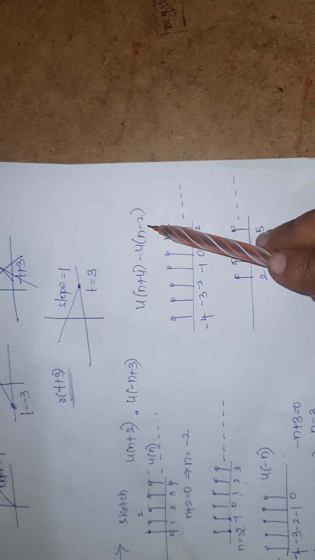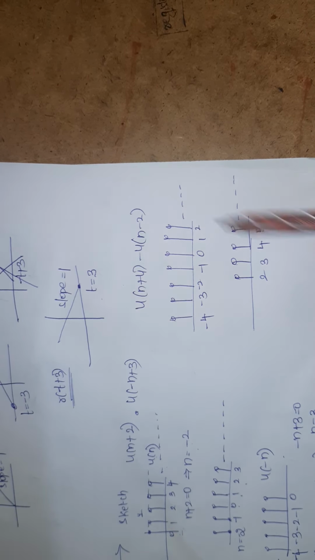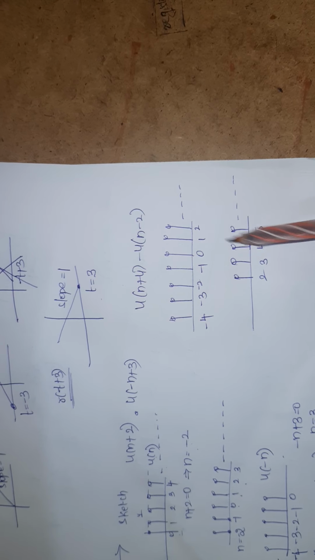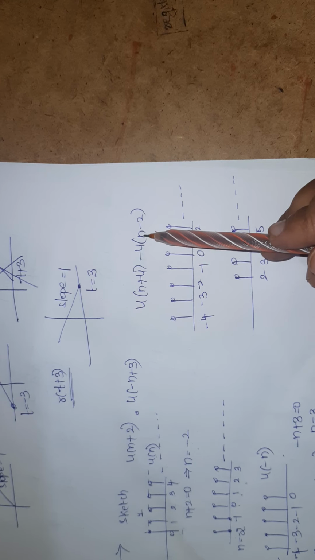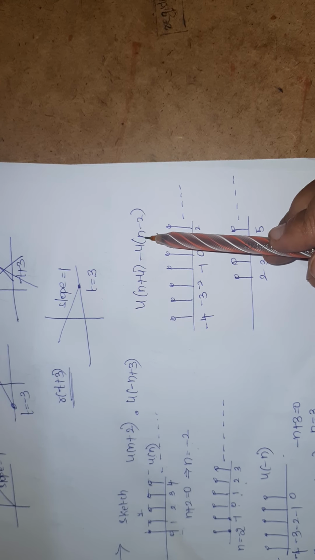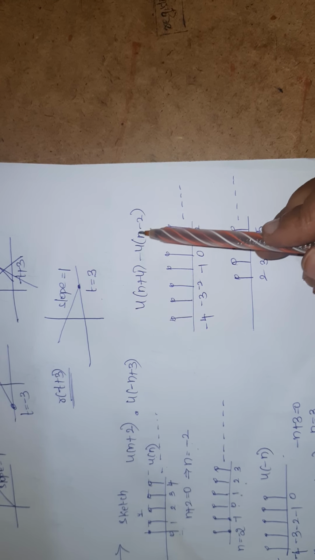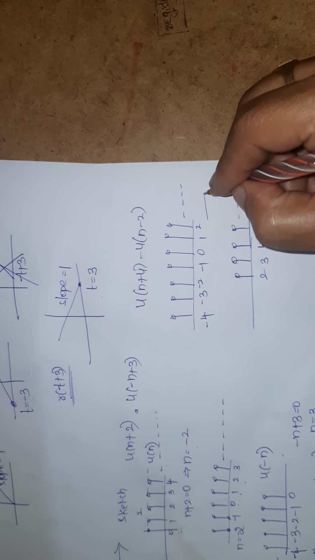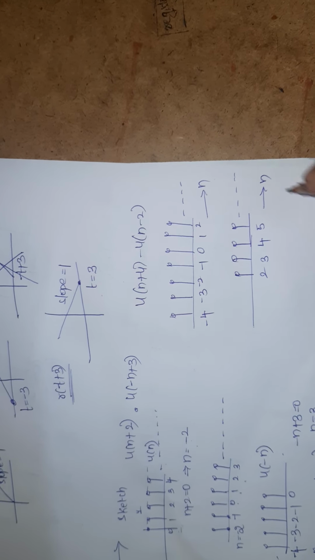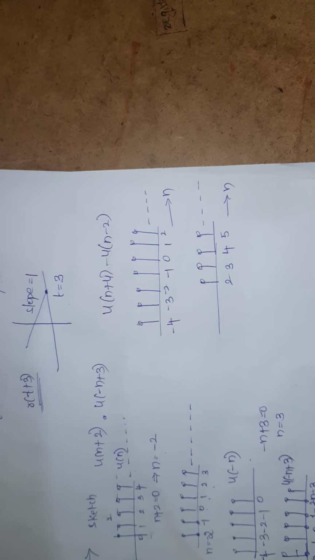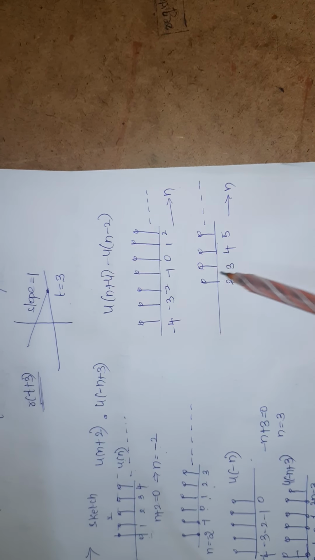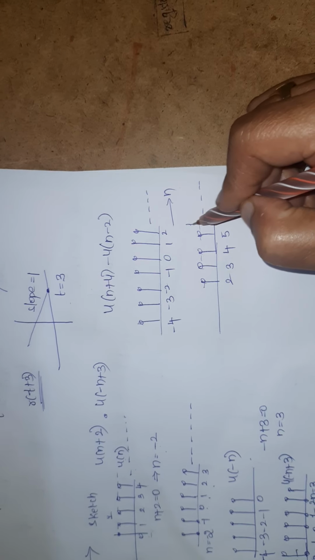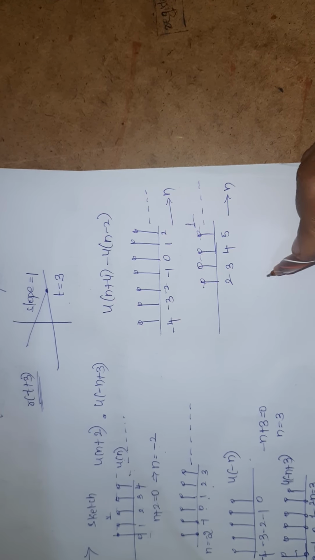And minus of u of n minus 2. So just the minus is for amplitude, not for this n axis. This is the n axis. Then minus 1 is multiplied. Here the amplitude is 1, now it is minus.